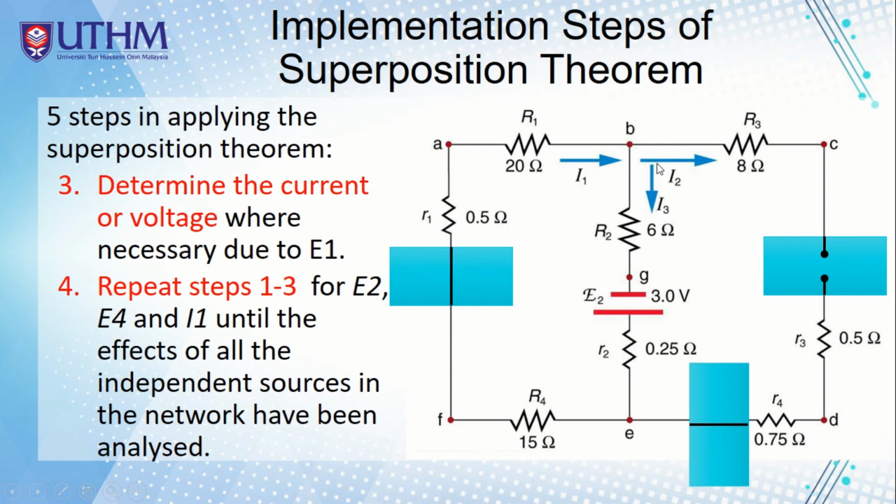The same goes here. The path B, C, D, E is not activated at all because the current source I1 has been deactivated by open circuit.